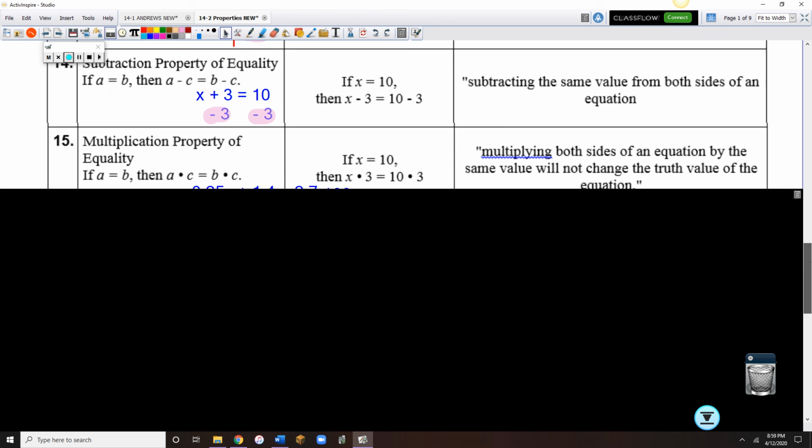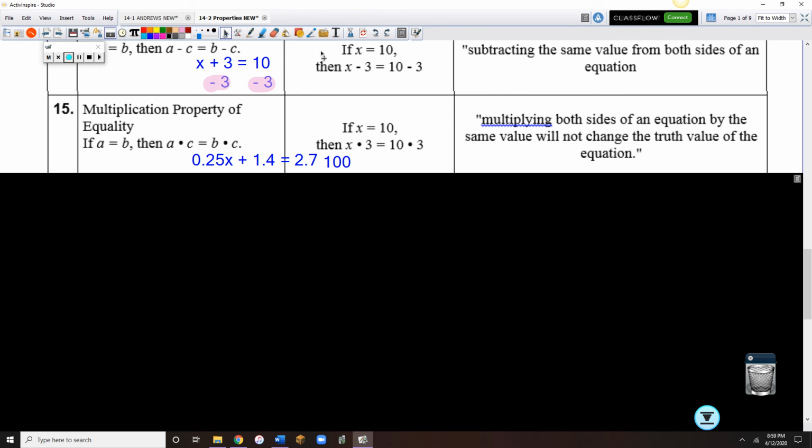The multiplication property of equality would mean that if I multiplied, remember when we were doing equations and I said if you had decimals in your equation and you wanted to make whole numbers, you could distribute through a 10 or a 100. In this case I picked 100 because it has 2 zeros and there's 2 place values in one of my decimals. So I could multiply and distribute through 100 on this side.